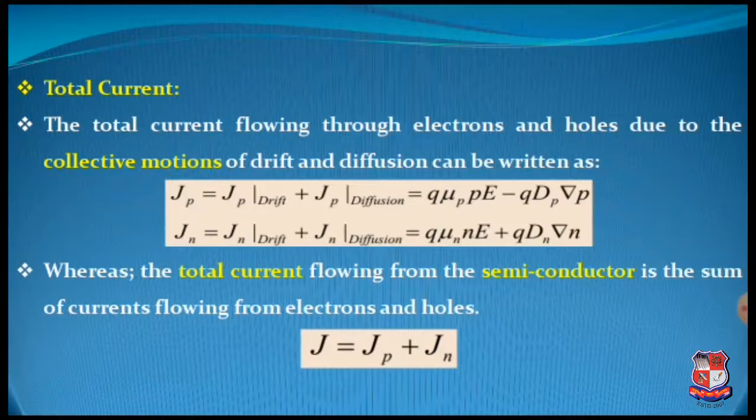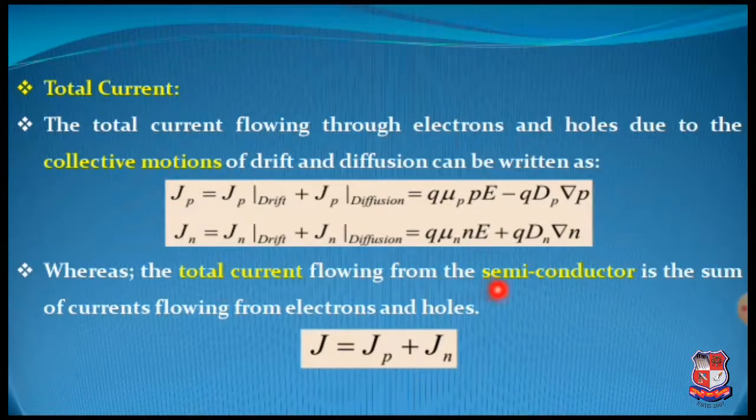According to this, the total current flowing through electrons and holes due to the collective motion of drift and diffusion can now be written as, for holes, Jp is equal to Jp drift plus Jp diffusion, which is equal to q mu p p E minus q Dp gradient p. Similarly, Jn is equal to Jn drift plus Jn diffusion, which is equal to q mu n n E plus q Dn gradient n.